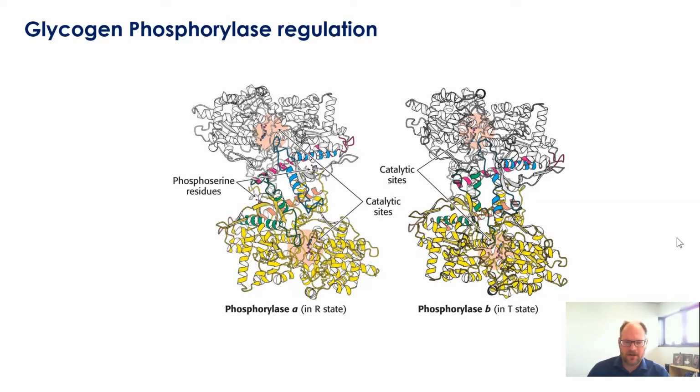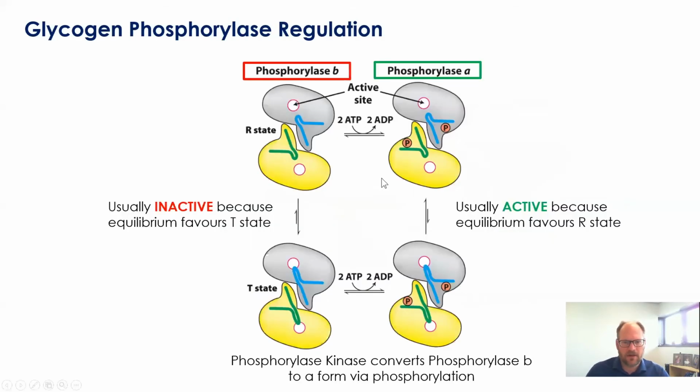So this R and T conformer can be reinforced by phosphorylating the enzyme. We're going to talk about how that works. So a phosphorylase A form of the enzyme tends to lock it into this R state, active state, and a phosphorylase B form tends to lock it in this T or inactive form. We'll talk about how that works. So in the case of phosphorylase B, the enzyme is most happily in its T state.